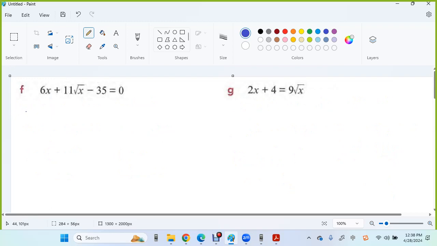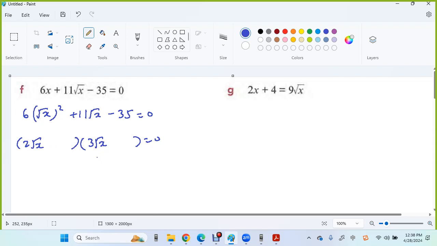Okay, so this one is 6 square root x squared plus 11 square root x minus 35 equal to 0. And then we do the factorization equal to 0. Then we have 2, 3 square root x and then 7, 5.